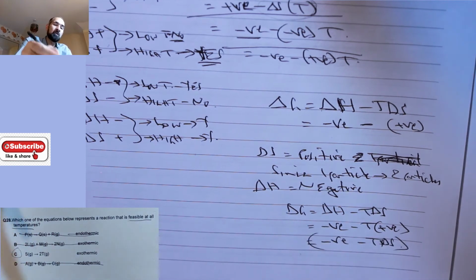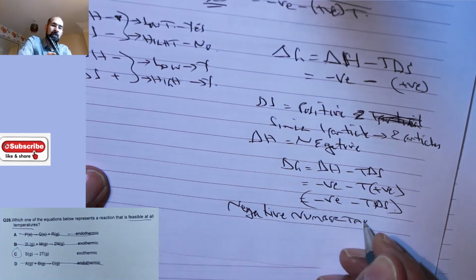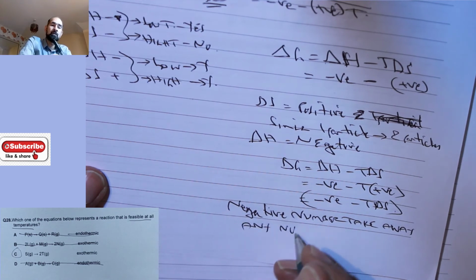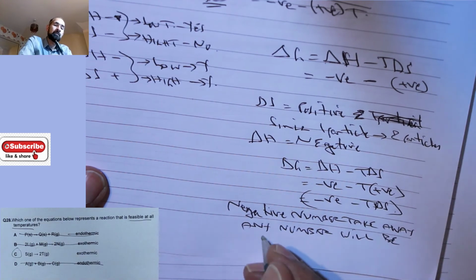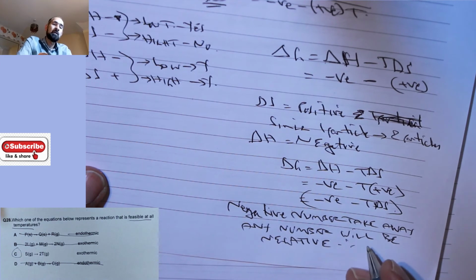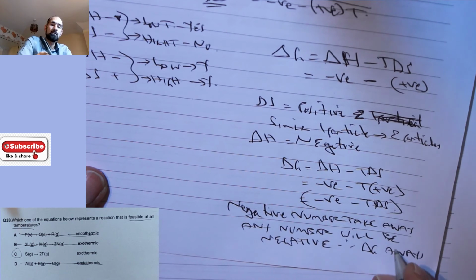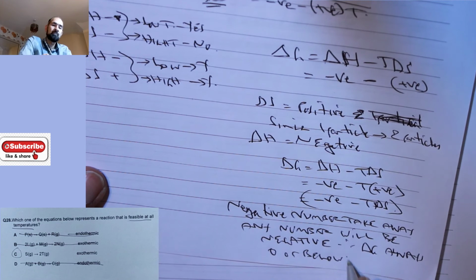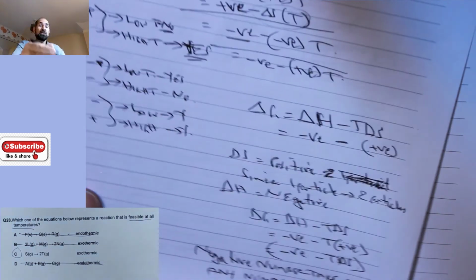So you'd put down: a negative number, take away any number, will be negative. Therefore delta G is always 0 or below. Therefore, always feasible. So you could show it that way.